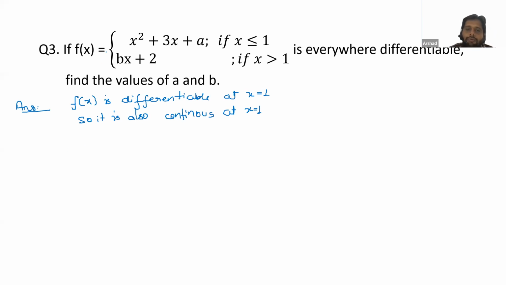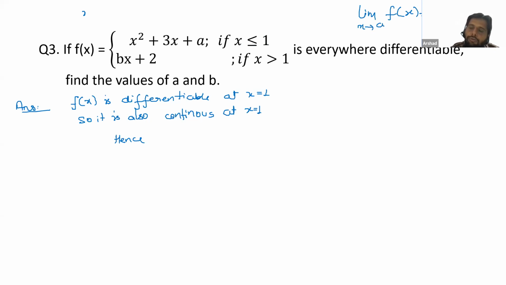Abdul, what is the condition if a function is continuous at a point? For example, if this function is continuous at x equals a, then limit x tends to a f(x) is equal to f(a).